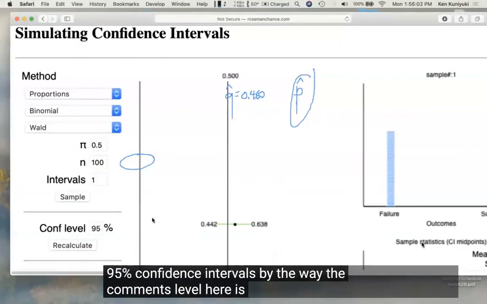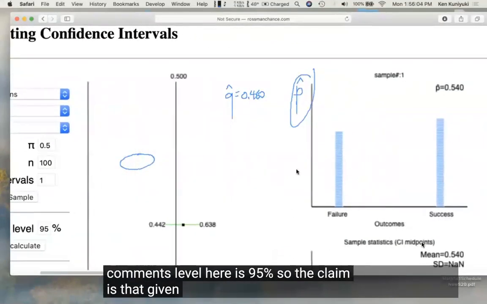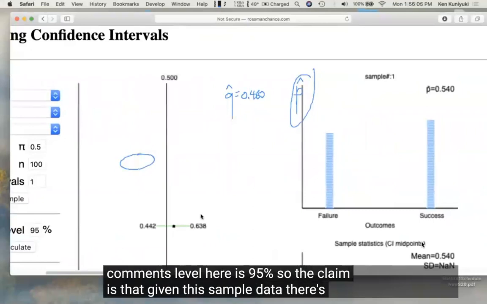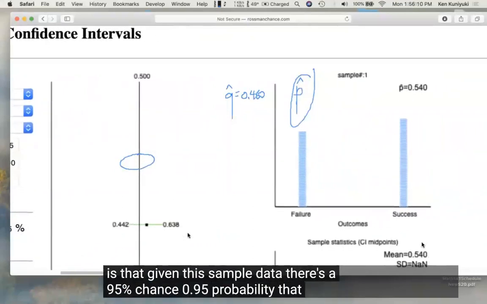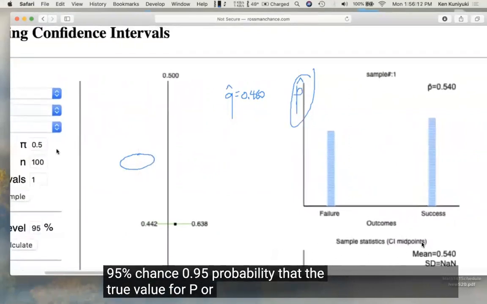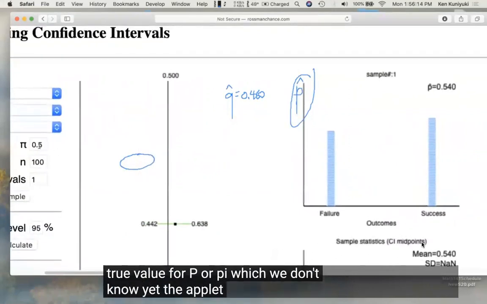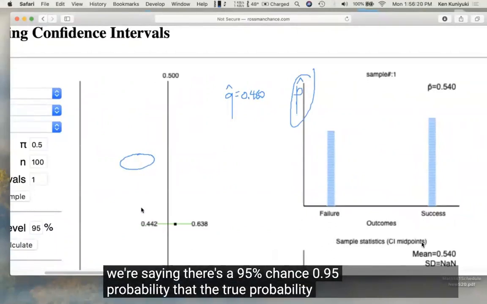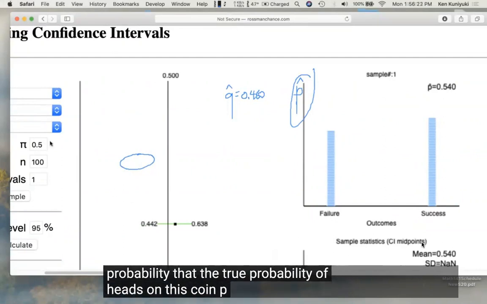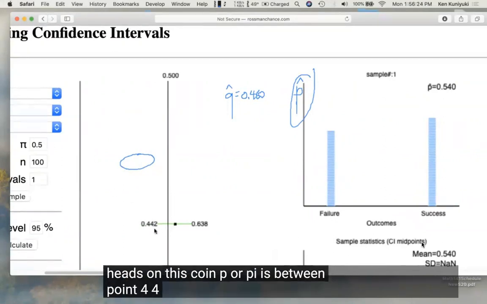The confidence level here is 95%. So the claim is that given this sample data, there's a 95% chance, a 0.95 probability, that the true value for p or pi, which we don't know yet, the applet knows it but not us, is between 0.442 and 0.638, between about 44% and 64%.